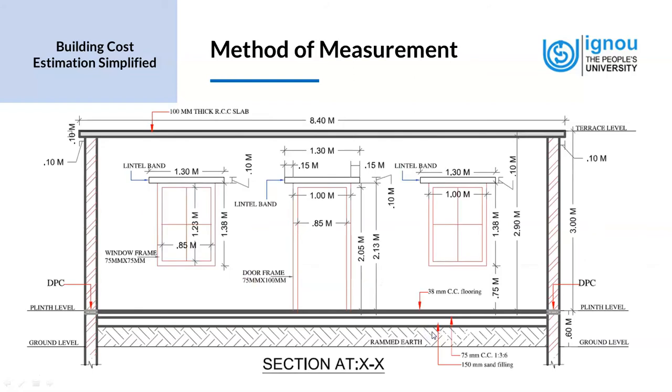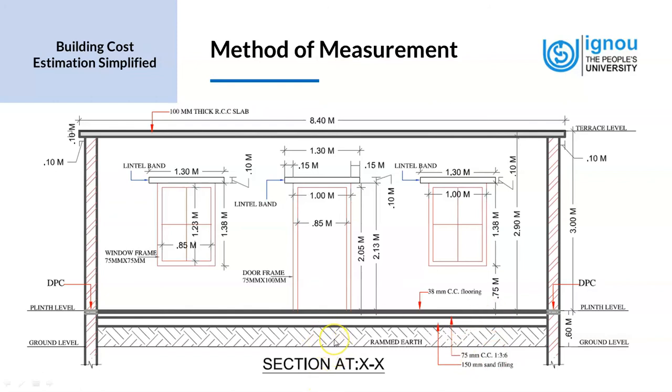Now we look into the details of the section of the drawing, and so we'll start from the ground level. So we have rammed earth above the ground level. Above that we have 150 mm sand filling, as in this is after we construct the plinth, the area inside is filled with earth first.